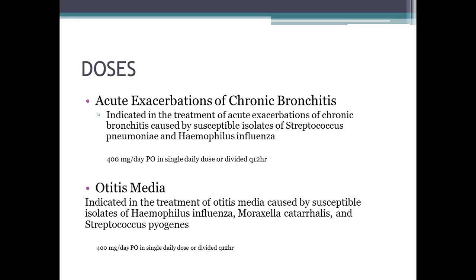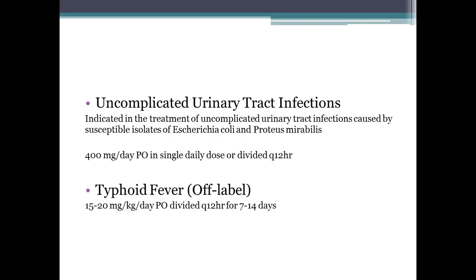And in case of otitis media, against Haemophilus influenzae, Moraxella catarrhalis, and Streptococcus pyogenes, it is given in 400 mg per day orally in a single daily dose or divided every 12 hours.